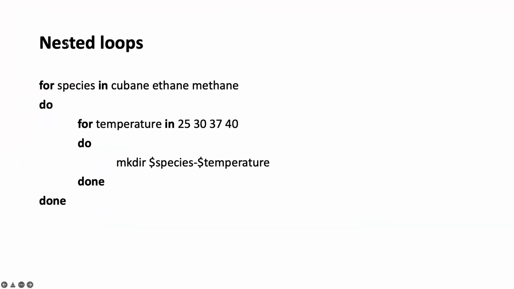nested loops. So here, what you want to do is a for loop inside a for loop. Yeah, and with the name nested. All right. So you say for species in the list of species that you're talking about.